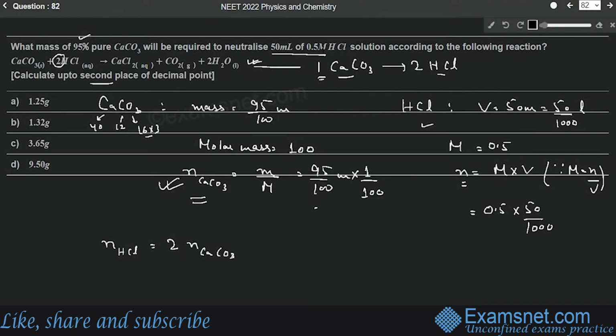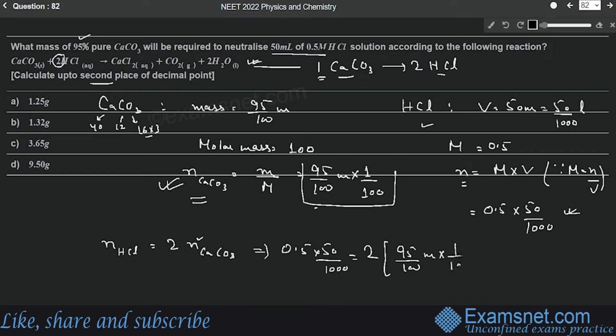Okay. So number of moles of HCl is what? Here 0.5 into 50 divided by 1000, and that is equal to twice the number of moles of calcium carbonate. That means this one. Okay. This one 95 by 100 m into 1 by 100.